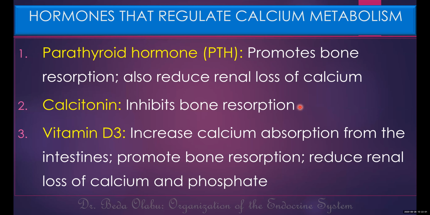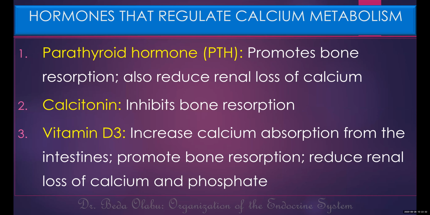It also promotes bone resorption, and through that mechanism, it will elevate serum calcium levels. And lastly, it reduces renal loss of calcium as well as phosphates. Again, through that mechanism, it will elevate the levels of serum calcium. So vitamin D elevates serum calcium through these three mechanisms.